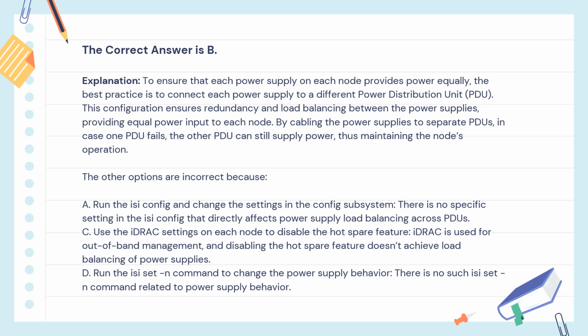C. Use the iDRAC settings on each node to disable the hot spare feature. iDRAC is used for out-of-band management, and disabling the hot spare feature doesn't achieve load balancing of power supplies. D. Run the ISI set-N command to change the power supply behavior. There is no such ISI set-N command related to power supply behavior.